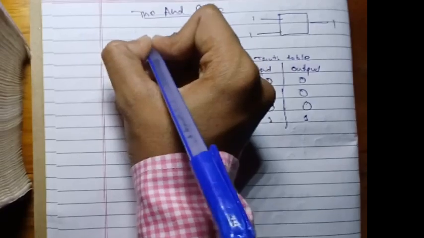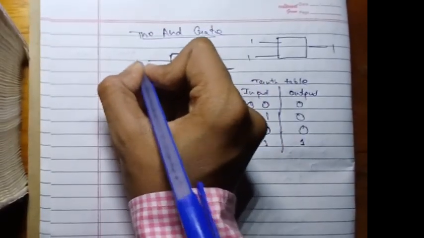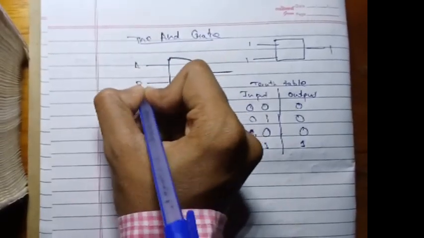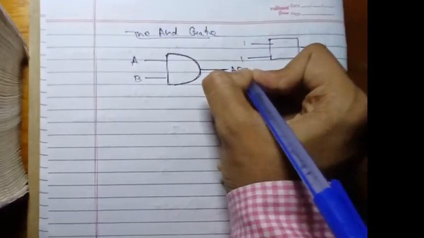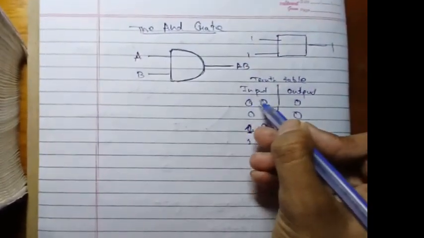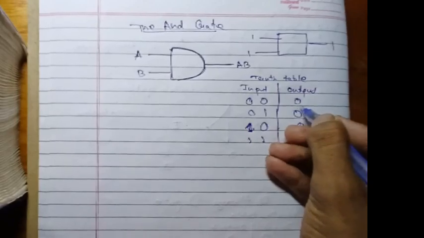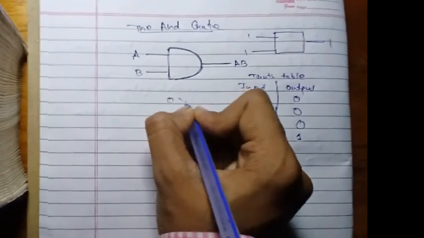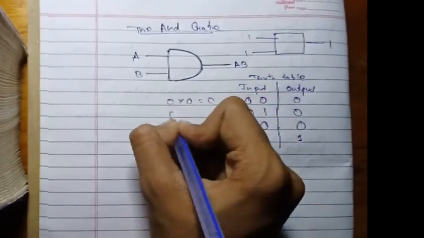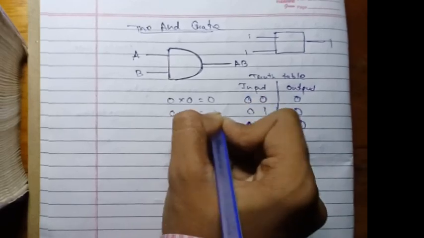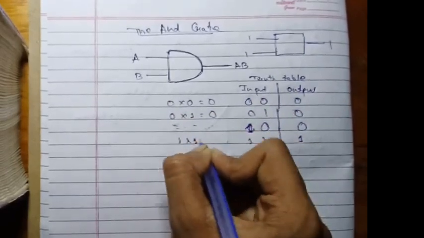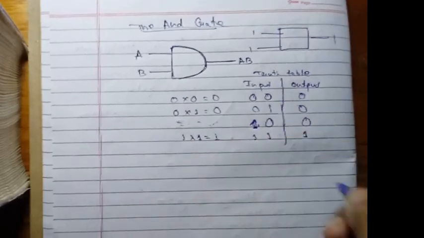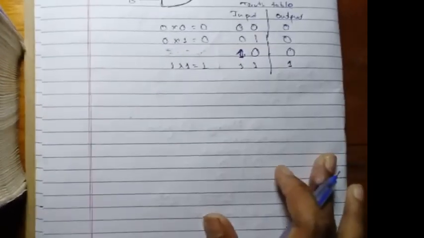Like this, if I take inputs A and B, then the output is AB. You can also think that 0 multiplied by 0 equals 0, 0 multiplied by 1 equals 0, and 1 multiplied by 1 is 1.